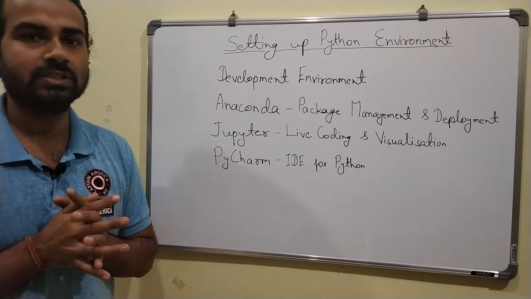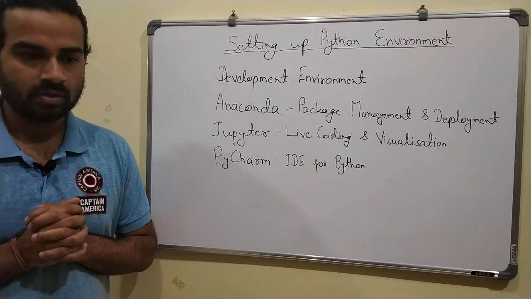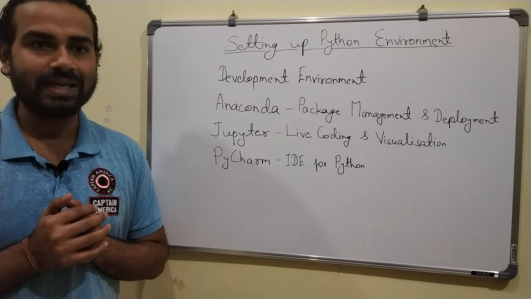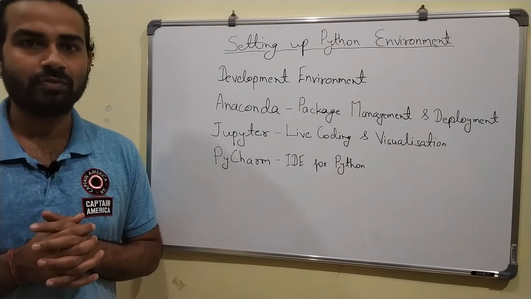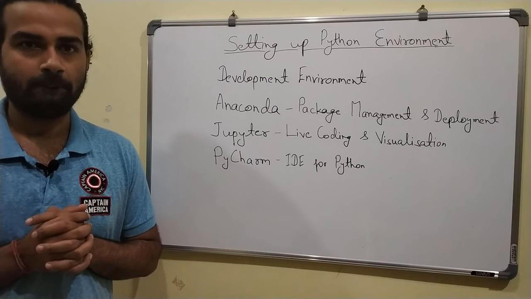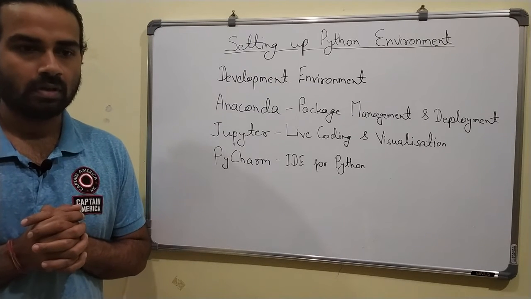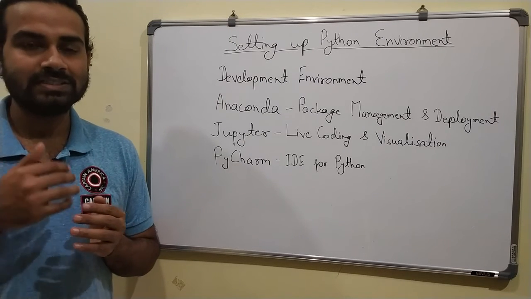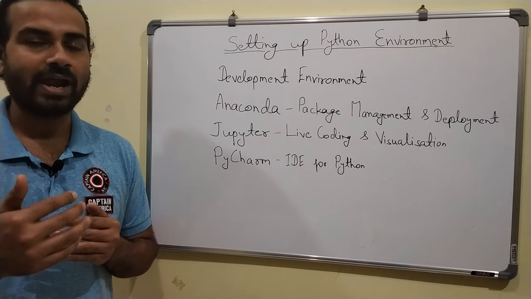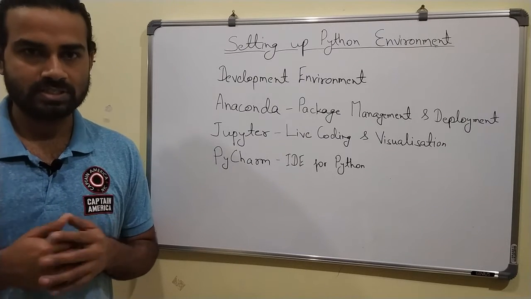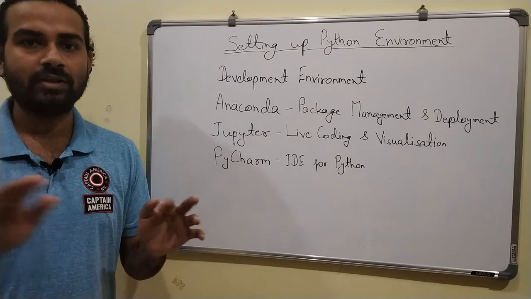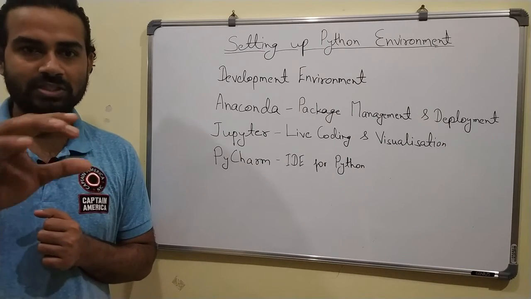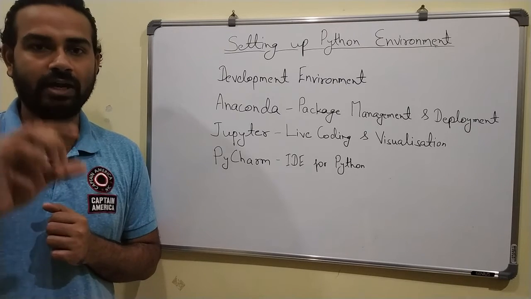Now the next topic is the Jupyter Notebook. Jupyter Notebook is an interactive interface for the development of Python. It supports both live coding and visualization. You can write one line of code, run it, and see the output just below that code.